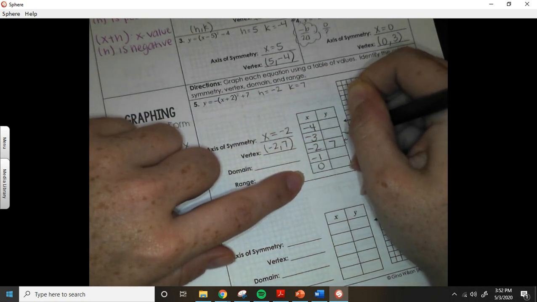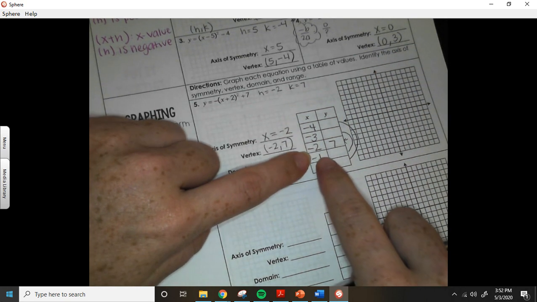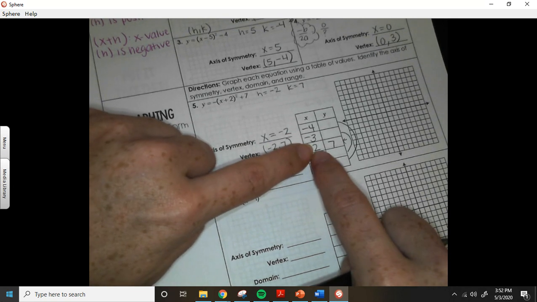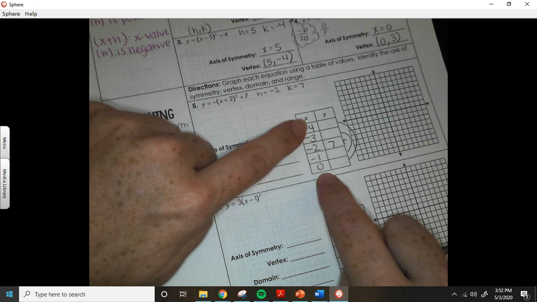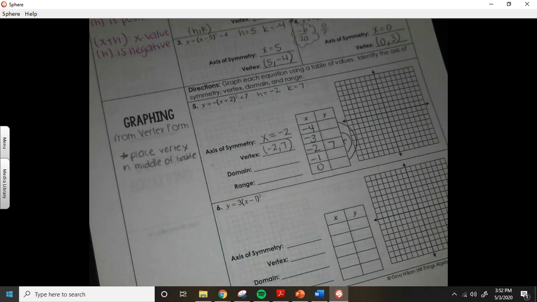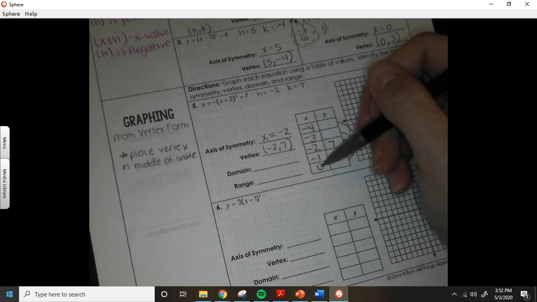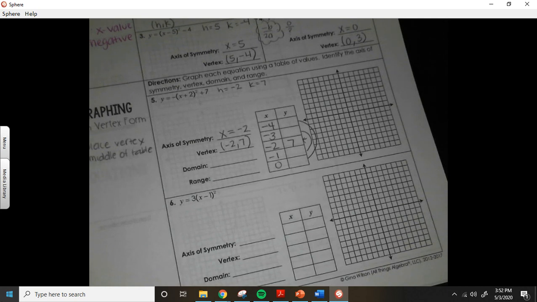Remember, in a parabola, these two values are the same and these two values are the same if you have them equidistant from the vertex. So -1 and -3 are both 1 away from the vertex. -4 and 0 are both 2 away from the vertex. So that's why they're able to be the same. Now, if I put 10 here, or -10, and I put 50 here, obviously those wouldn't be the same. So that's just something to think about.